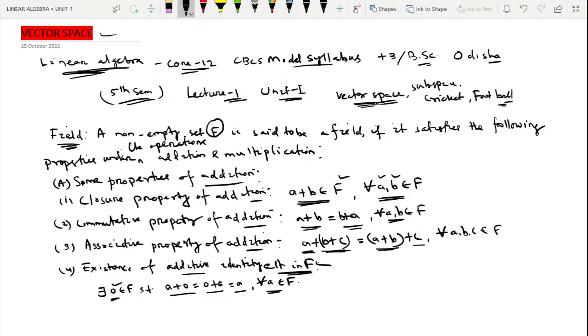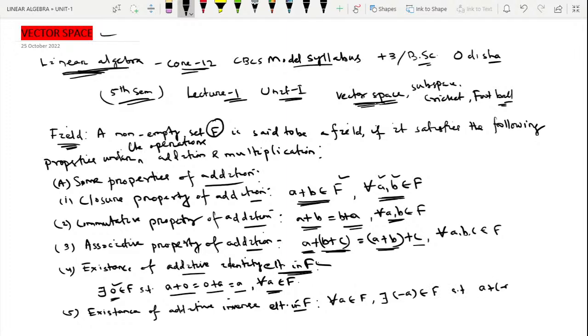Then the next property, the existence of the additive inverse element in F. For all A belongs to F, there exists minus A belongs to F such that A plus minus A equal to minus A plus A equal to 0.